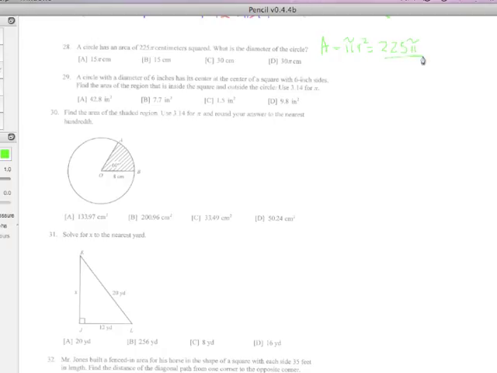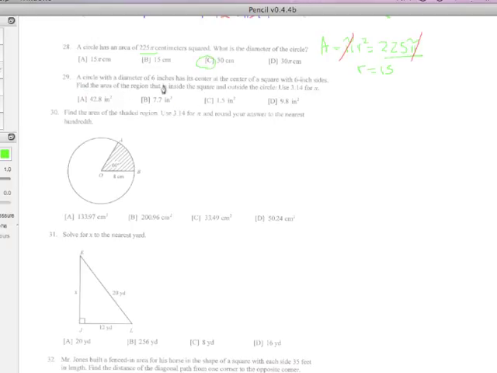That's the given. And from this we can solve for r. And how do we do that? We can cancel these pi's, dividing both sides by pi, and r squared is going to equal 225, and that means r equals 15. But don't forget the diameter is twice the radius, so it's C.